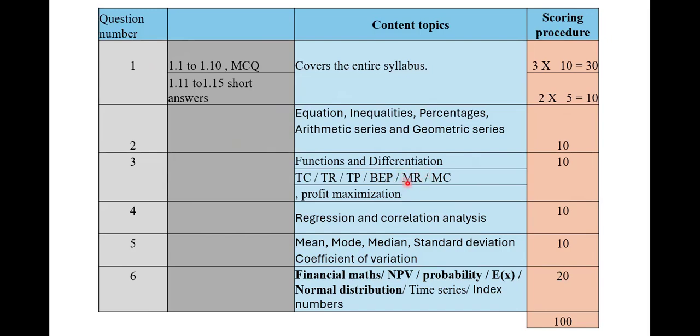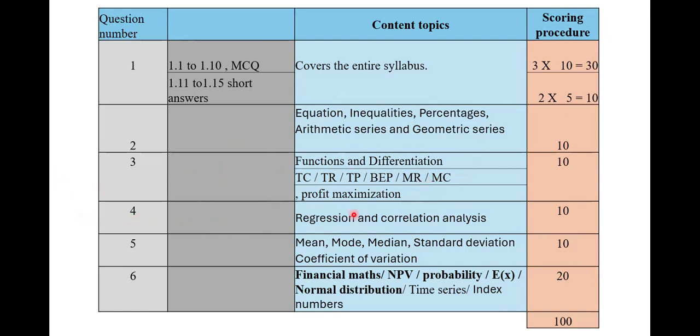Other topics: MR and MC. Marginal revenue, marginal cost, and marginal profit you also have to know. Another part is profit maximization, how to maximize the profit. You will have to know about these things, and that question tests this type of questions.